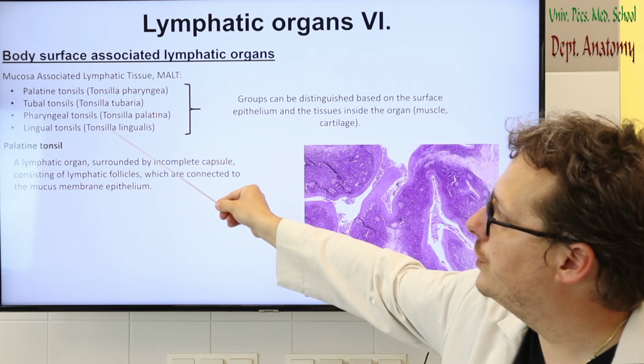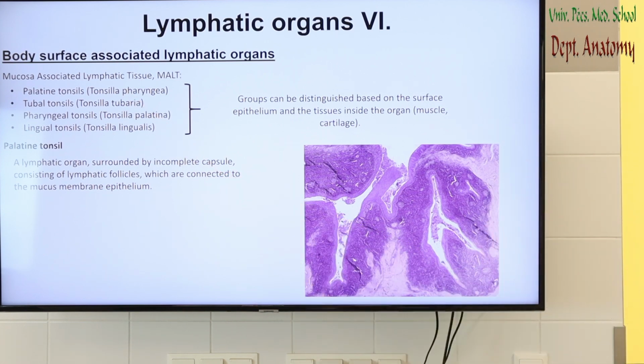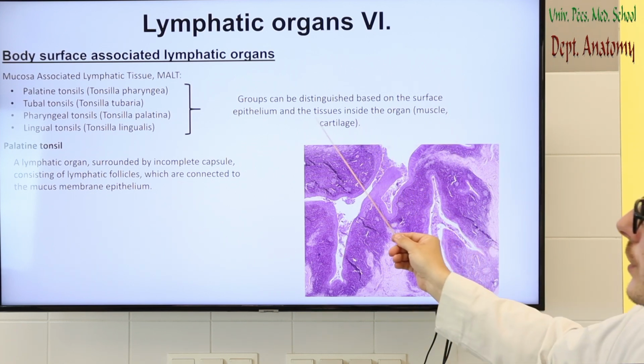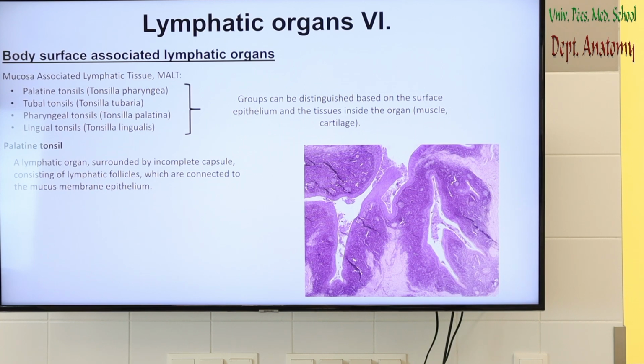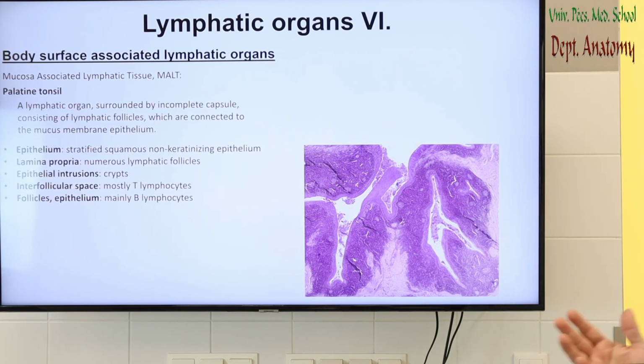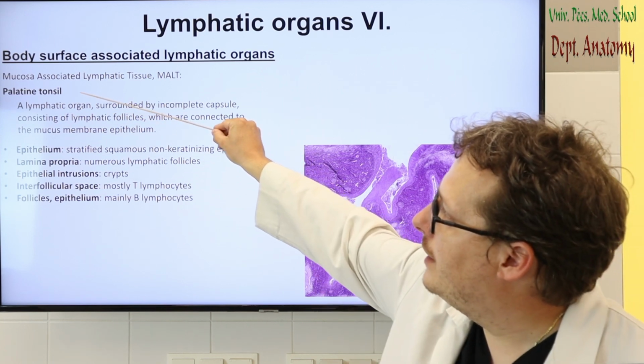There are different tonsils in our body, and they can be distinguished based on their surface epithelial organizations and their content, if they contain muscles, in which directions, and if they contain cartilage or not. Let me just give you one example, which is probably the best known tonsil, the palatine tonsil.